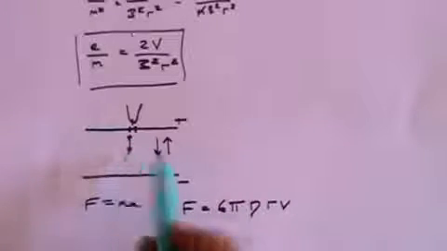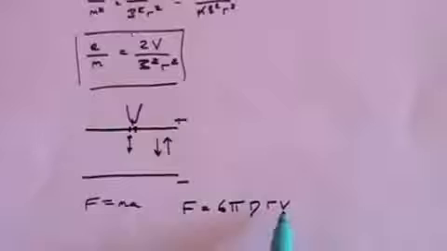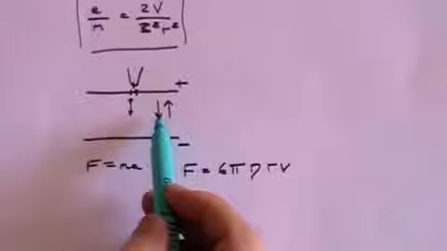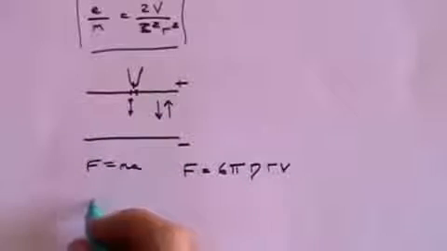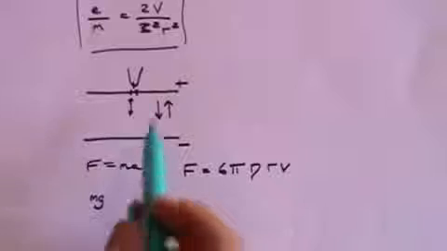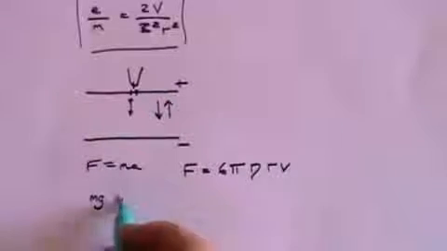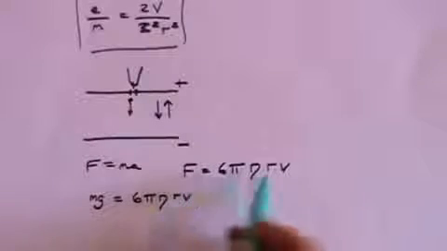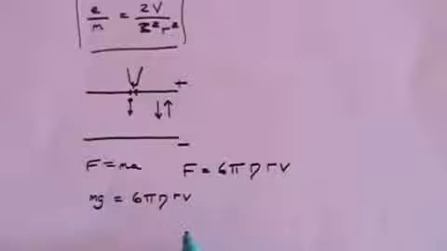When it's no longer accelerating, that's its terminal velocity. And since the viscous force, which is pushing upwards, equals the gravitational force acting downwards, that means that mg, where m is the mass of the particle, must equal 6 pi eta r v, which is the force acting upwards.